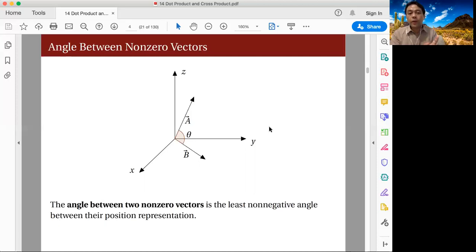So from there, we can determine the angle that these vectors make with one another. So it is like the two vectors lie on a single plane, and on that plane, they will form an angle. And what is that angle? It is the least non-negative angle between their position representations. And we want to show that this angle can be obtained by way of the dot product.